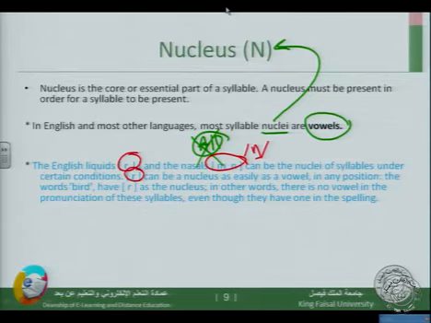R can be a nucleus as easily as a vowel in any position. For example, the word bird has R as a nucleus.